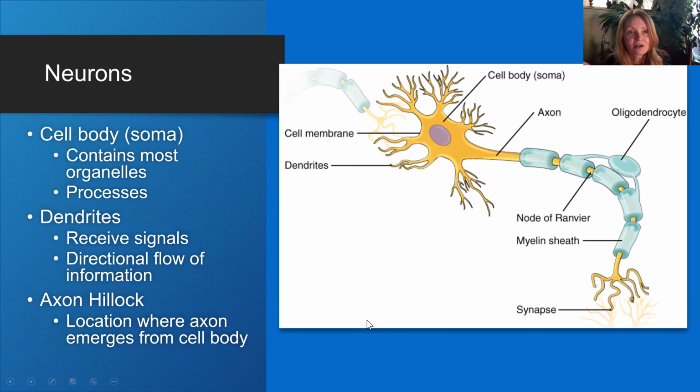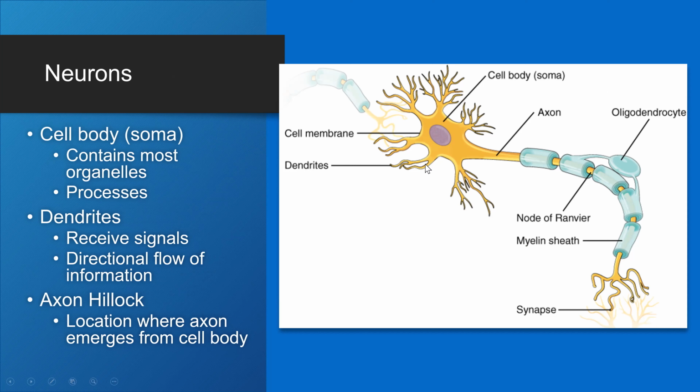Now let's look at the structure of a typical neuron. So I already mentioned the neuron has a cell body, and the cell body contains most of the organelles, like a nucleus, like ribosomes, then mitochondria, right, rough ER, smooth ER, right?